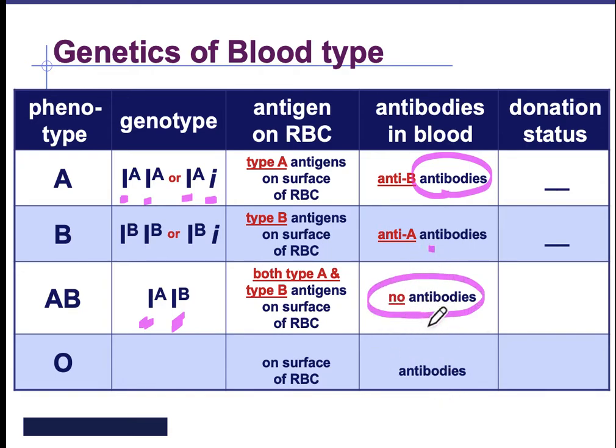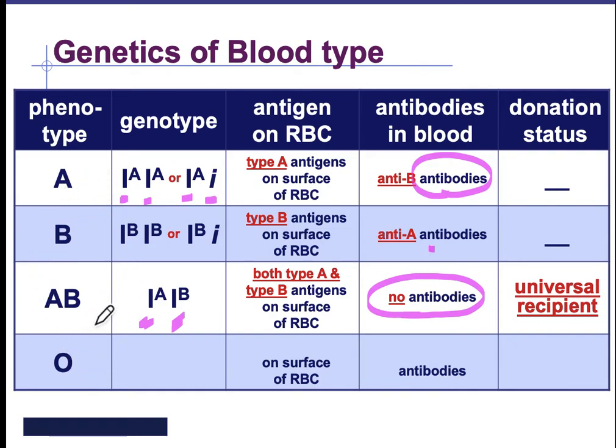We have other antibodies, but we don't want antibodies here because we'd be agglutinating our own blood, because there's only anti-A and anti-B. So if you put those into an AB blood, that's a problem. The interesting thing about not having the antibodies is it makes this blood the universal recipient. That means they can take blood from the A people, the B people, the AB people, and the O people. So all of these people can give this AB person their blood.